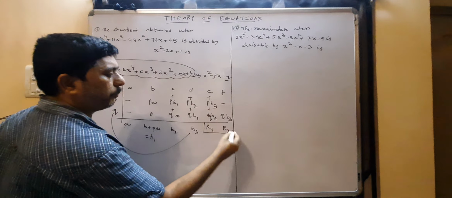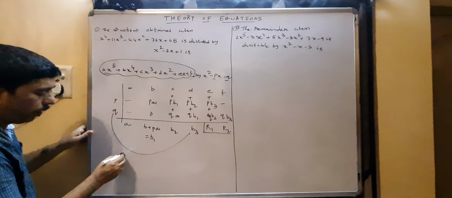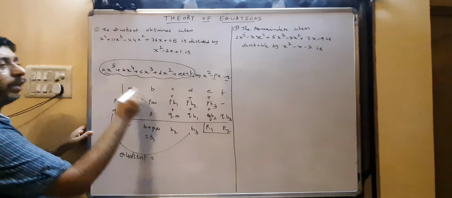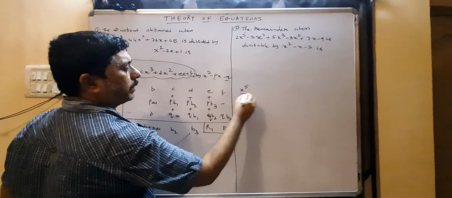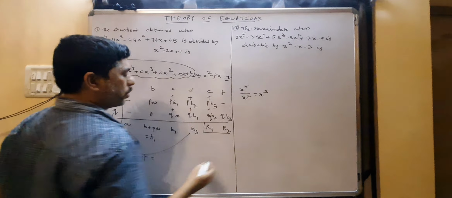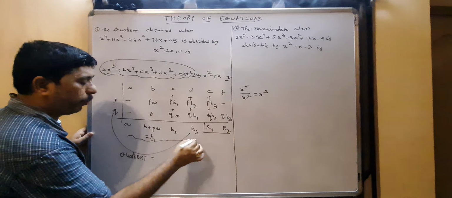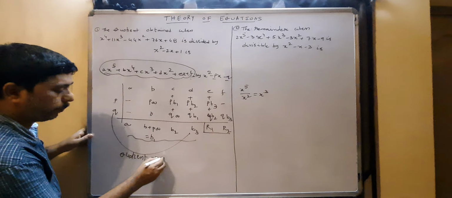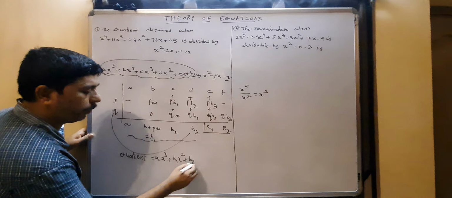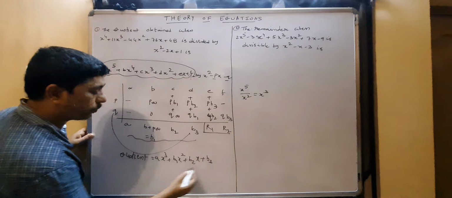This is the remainder. So the quotient: you are dividing a fifth degree polynomial with a second degree polynomial, that is x power 5 by x square is x cube. So these are cubic polynomial quotients: a into x cube plus b1 into x square plus b2 into x plus b3.